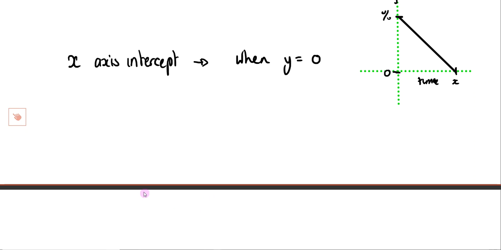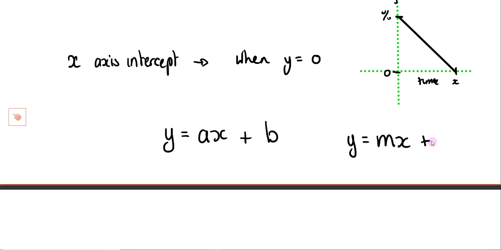Is it y equals ax plus b, wasn't it? Or instead of a and b, it could be mx plus c instead. We could have y equals mx plus c. Is there any difference? No. No, it's just a choice of letters. What did A represent?